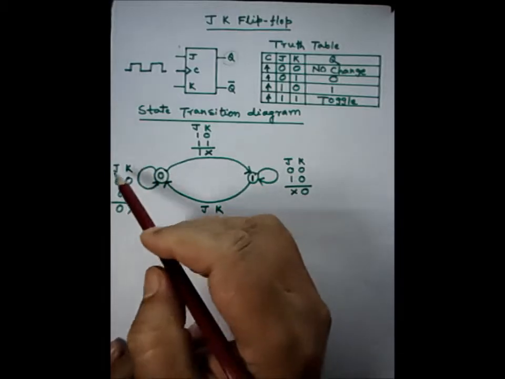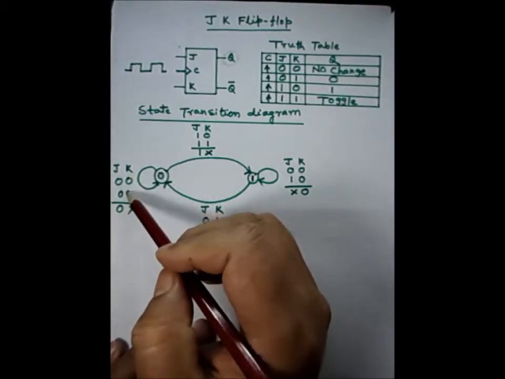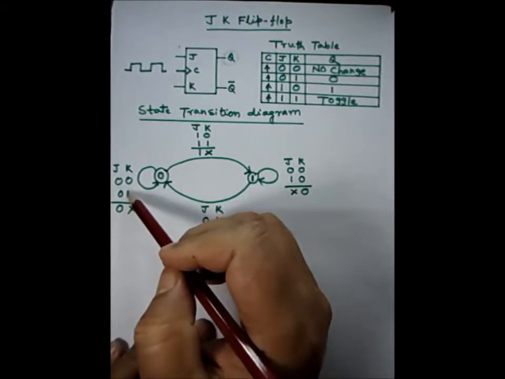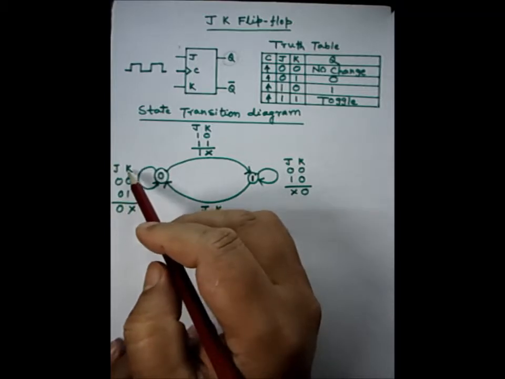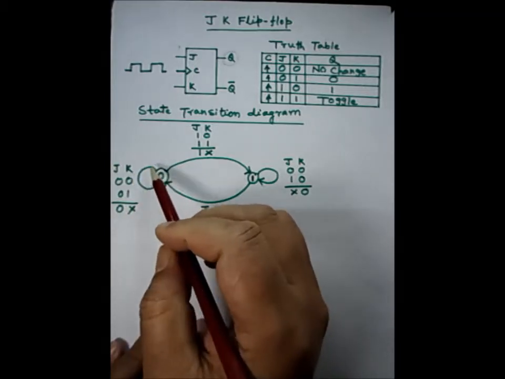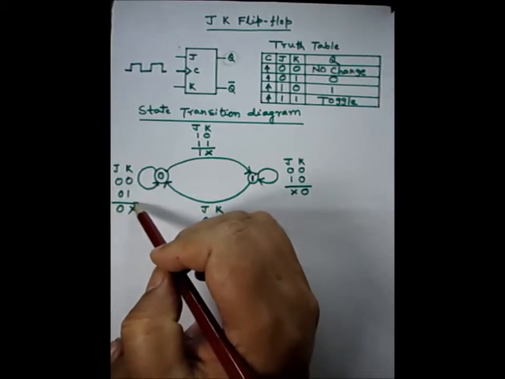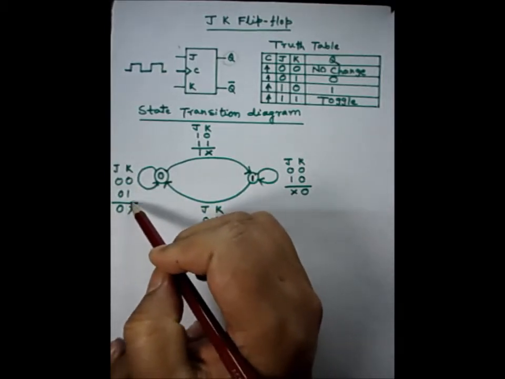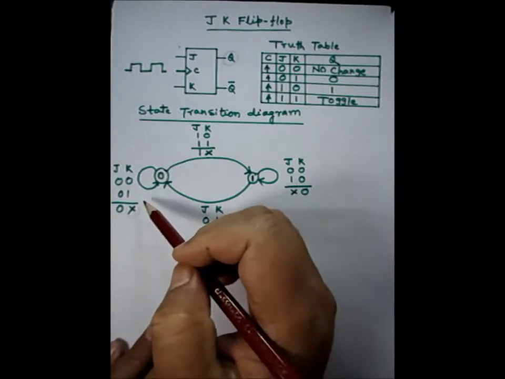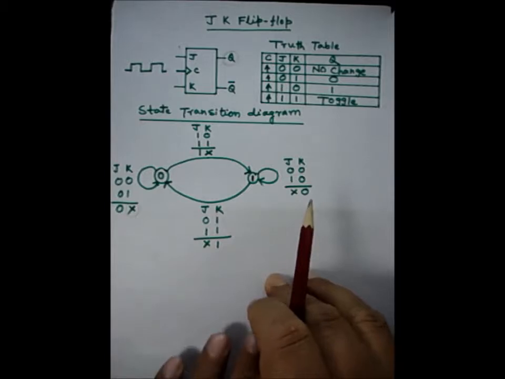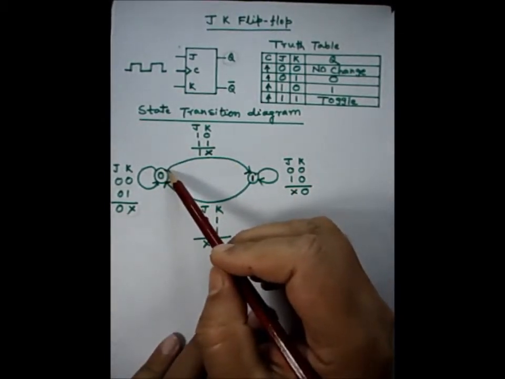If J equal to 0, it does not matter whether K is 0 or 1, this scenario happens. Therefore, for K we can put X, which means it may be 0 or it may be 1. Now you can come to another scenario, when the state changes from 0 to 1.